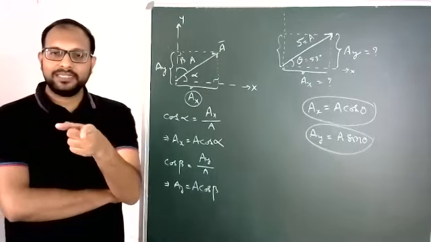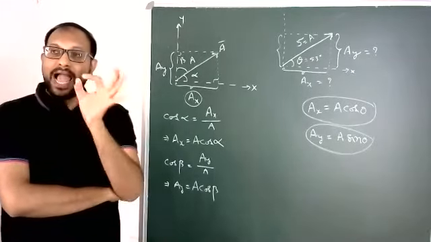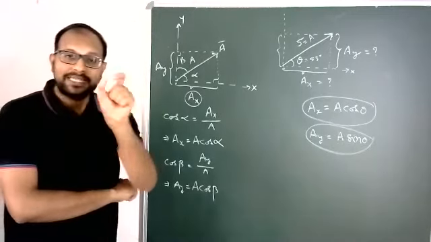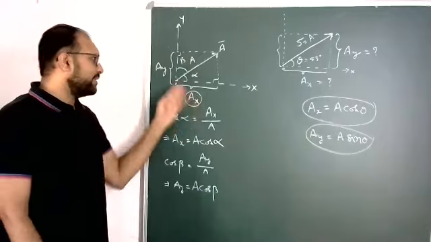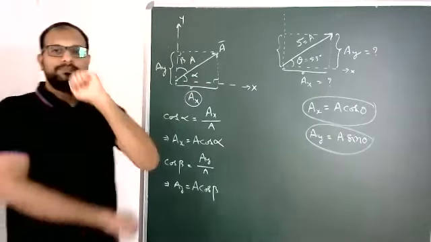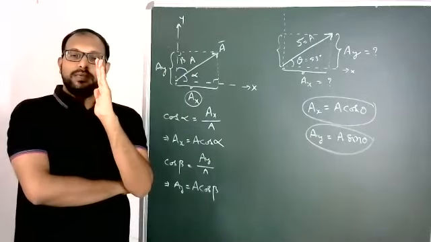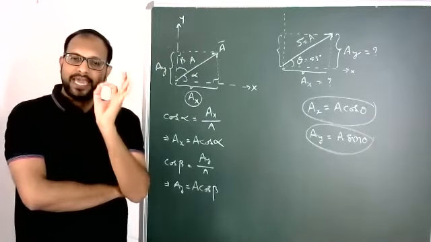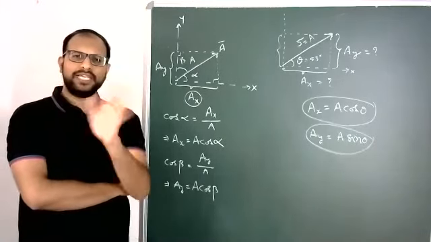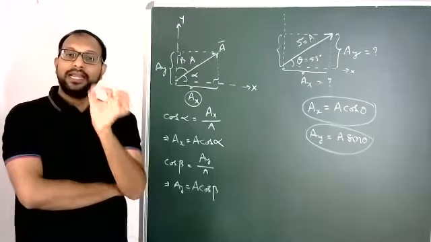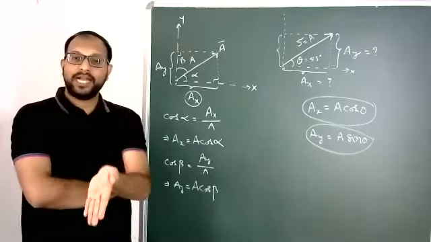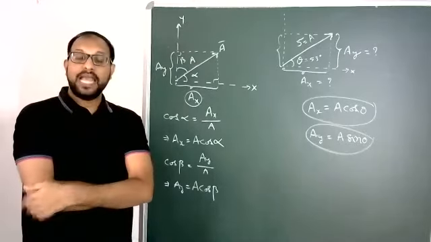Suppose you need the y component. The magnitude A into cos, again cos only, not sin, of the angle made by the vector with the y-axis, because you need the y component, that's why with the y-axis.